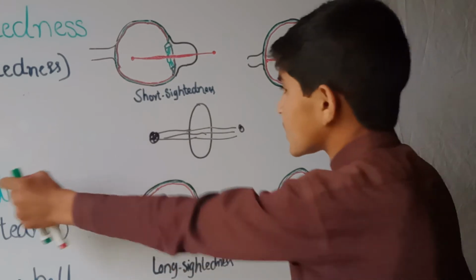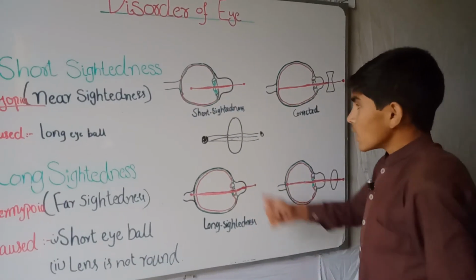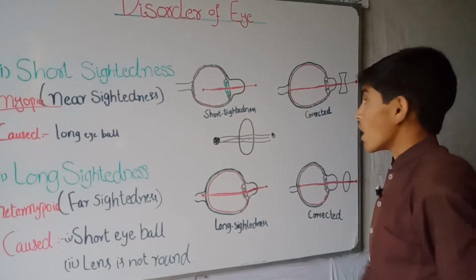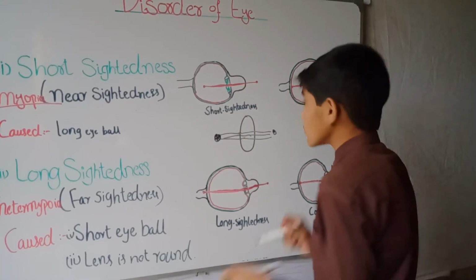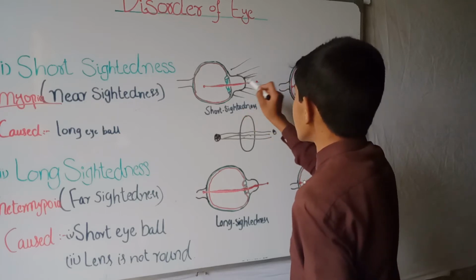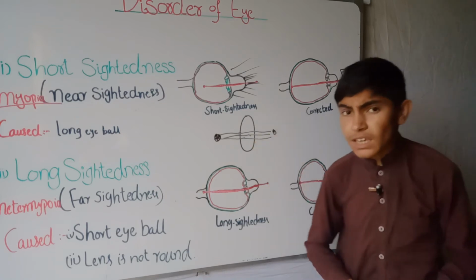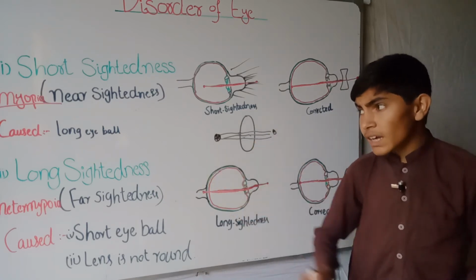And we say that a long eyeball is the cause of short-sightedness in our eyes. So these are our eyeballs. You can see here, the person with short-sightedness mostly has a long eyeball.